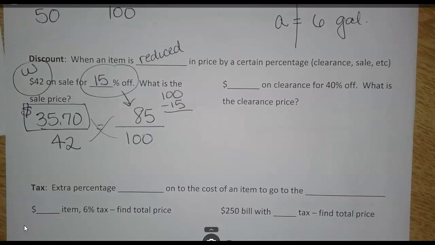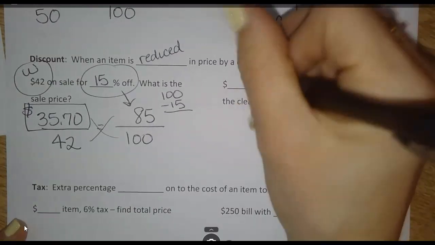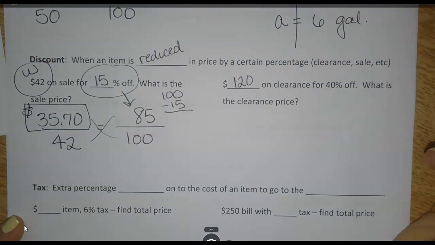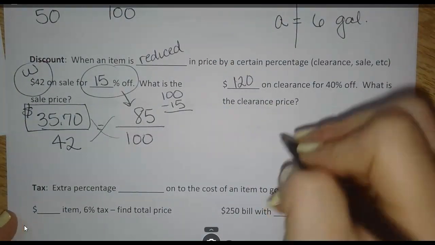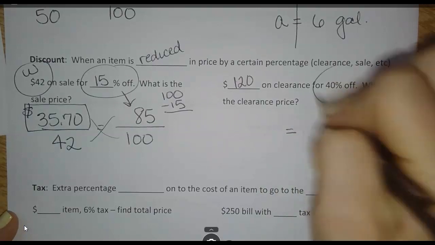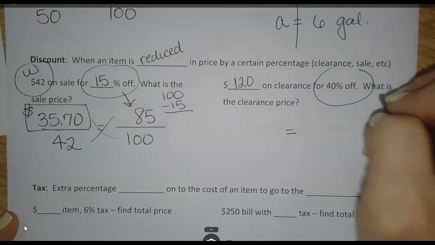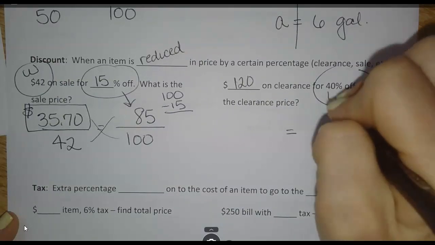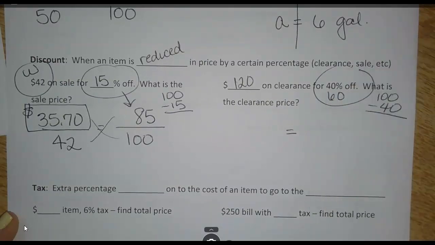Okay, how about the next example? If you're buying something that's $120, but it's on clearance for 40% off, what would the clearance price be? Let's do the equation. If it's 40% off, that means they're taking 40% away, and you're still paying for 60%.